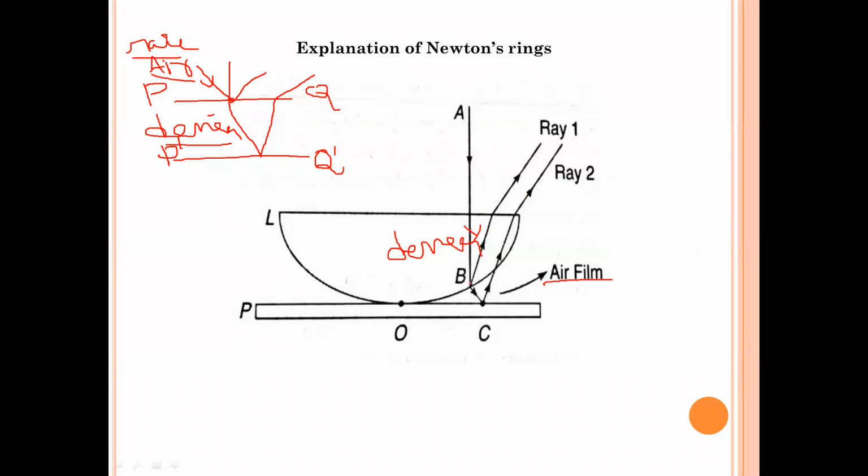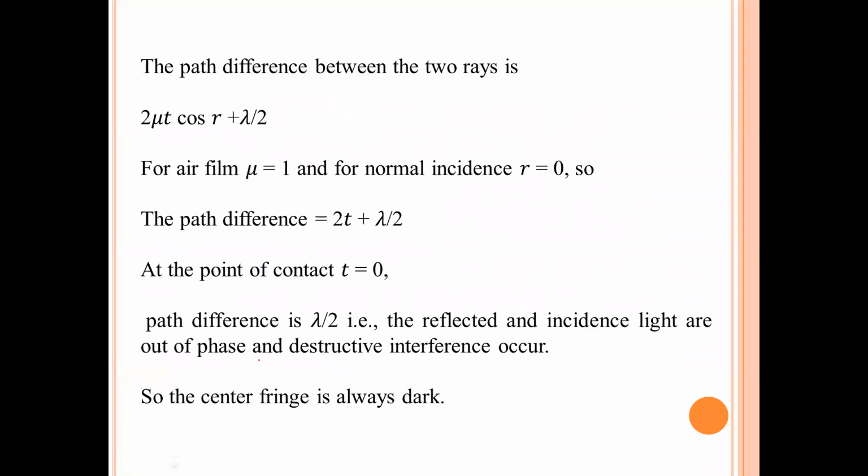So that's why we choose plus lambda by 2 here, and minus lambda by 2 in the case of interference in thin films. Okay. Now, again, we will go to the next slide. So it is clear why 2 mu t cos r plus lambda by 2. Now, I already said that the refractive index of air is equivalent to 1.